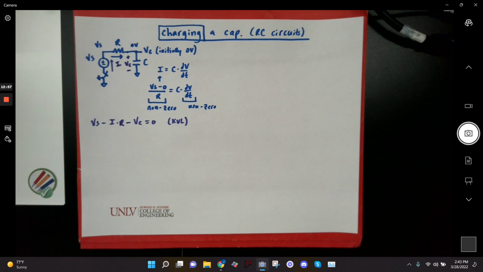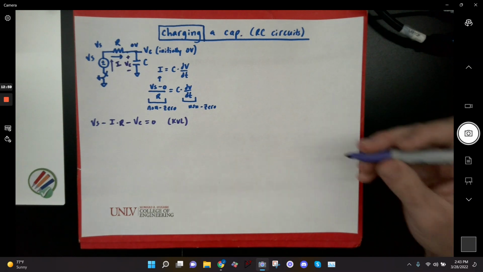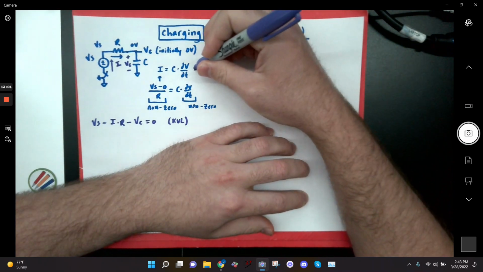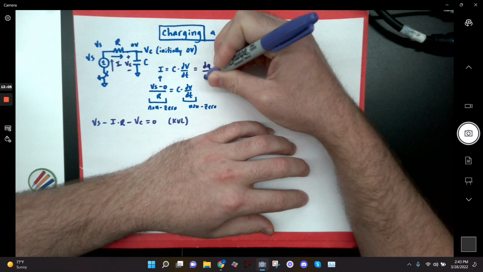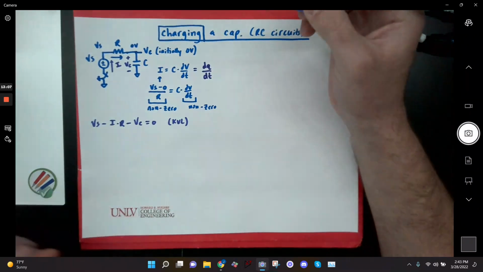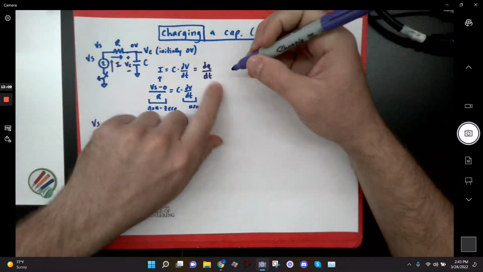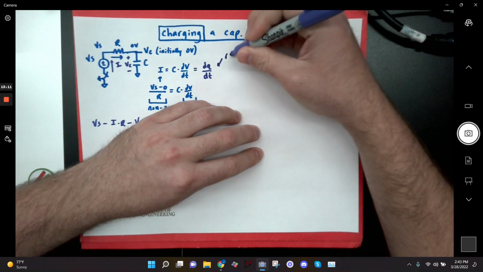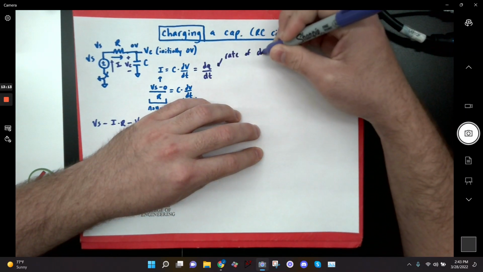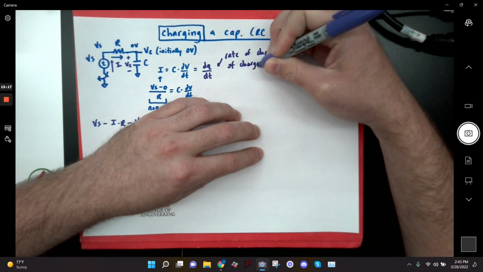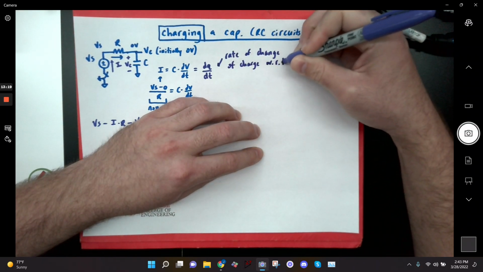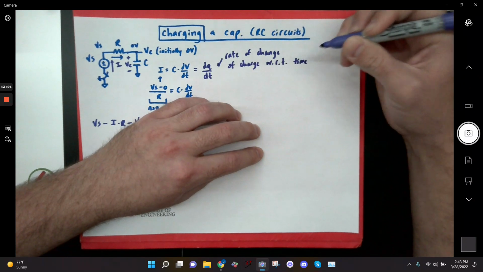So now I know that current is equal to dq over dt. It's the rate of change of charge with respect to time.